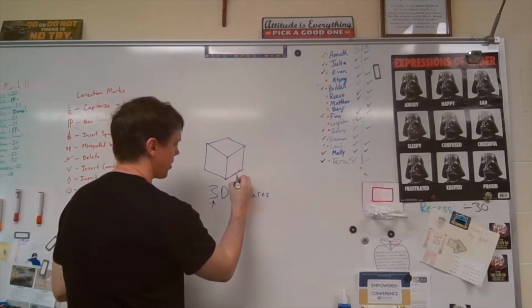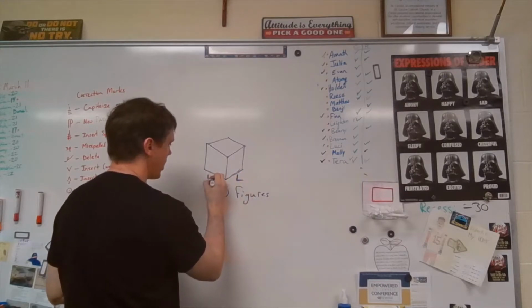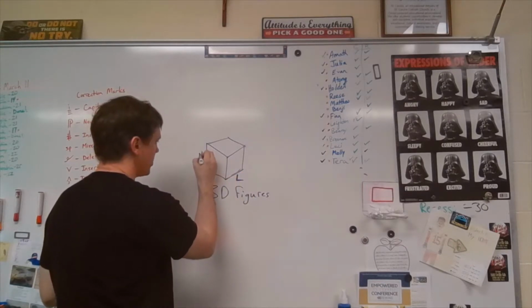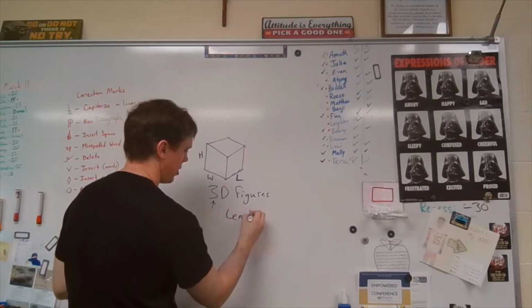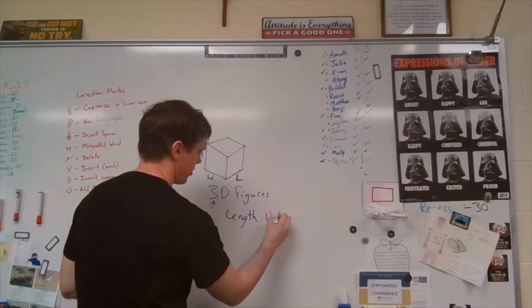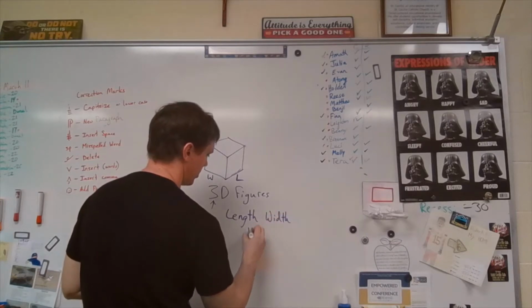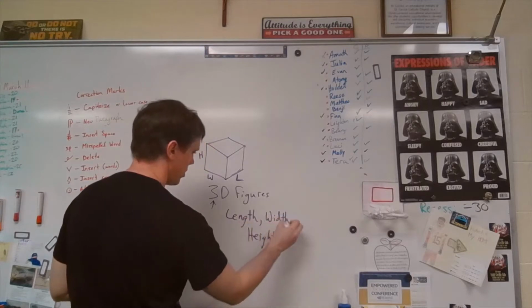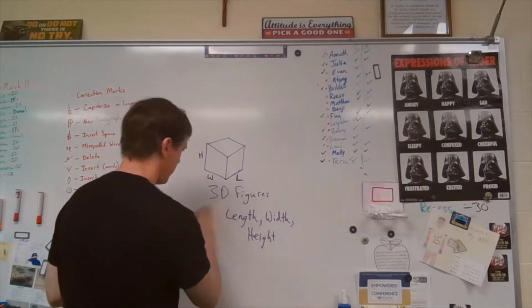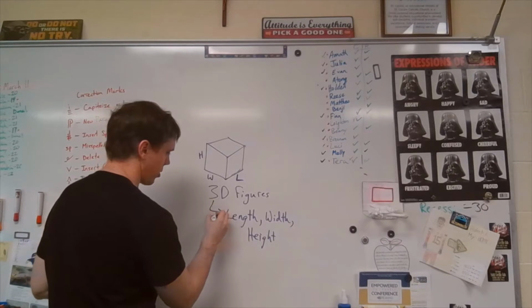They've got length, they've got width, and they've got height. Okay? Length, width, and height. So here's our 3.